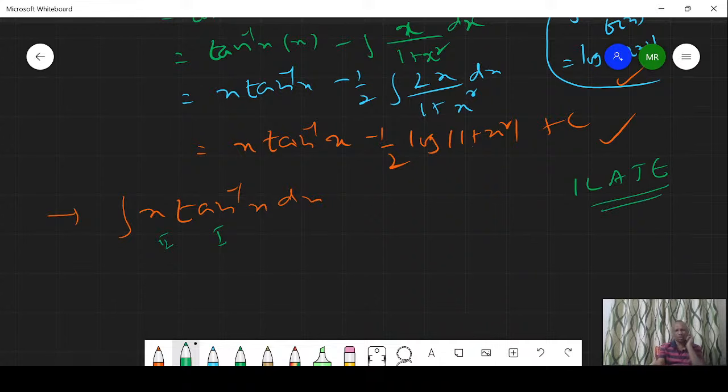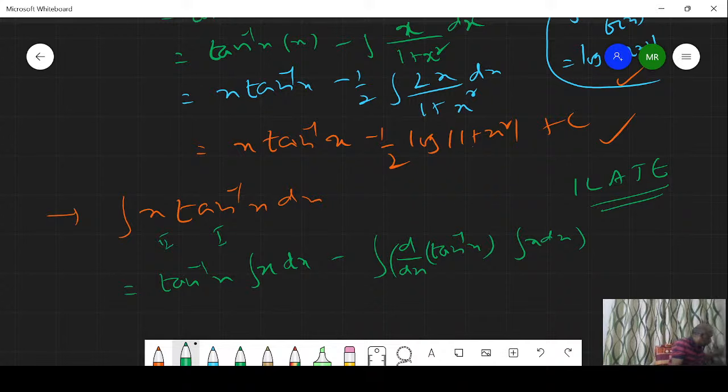So I can write the first function tan inverse x, integral x dx, minus integral of derivative of tan inverse x, d by dx of tan inverse x, times integral x dx, whole dx.